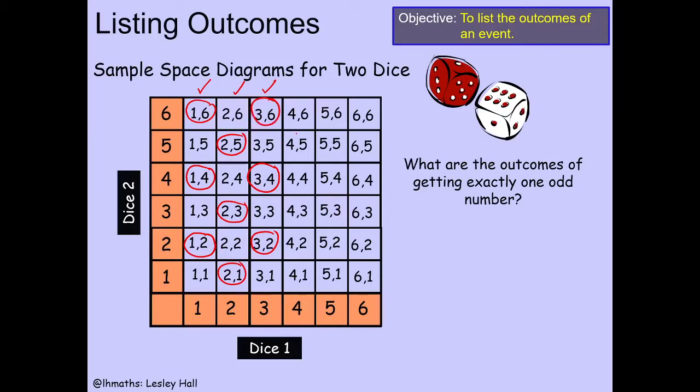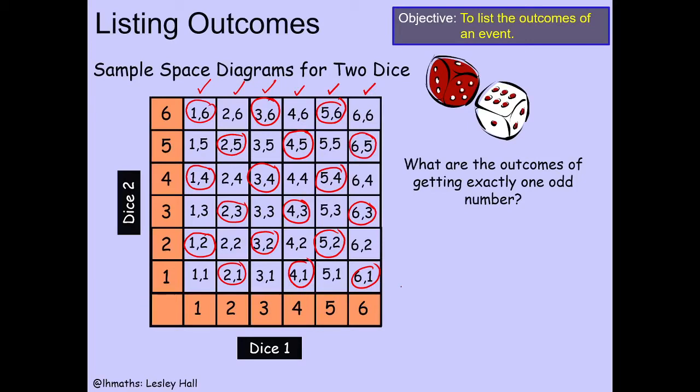What about the fourth column? 4, 1. 4, 3. 4, 5. What about the fifth column? 5, 2. 5, 4. 5, 6. What about the sixth column? 6, 1. 6, 3. 6, 5.